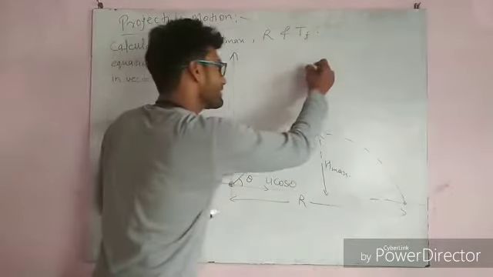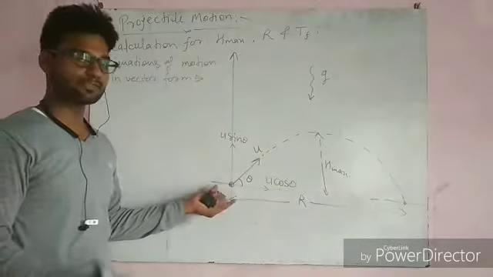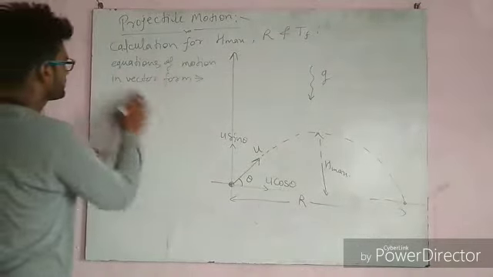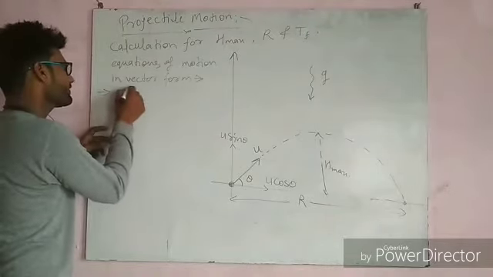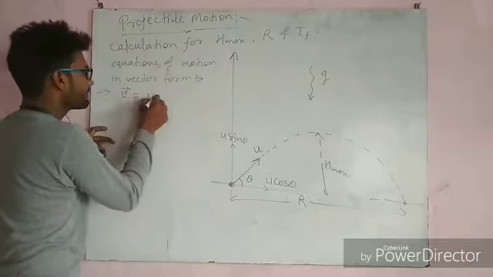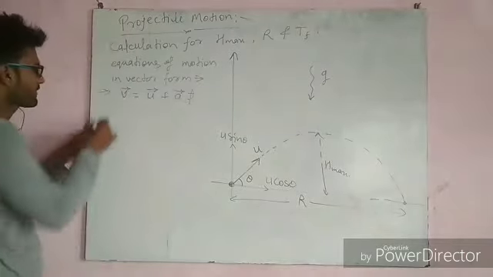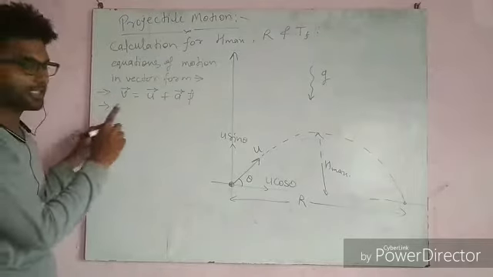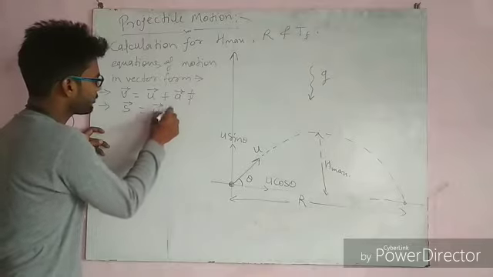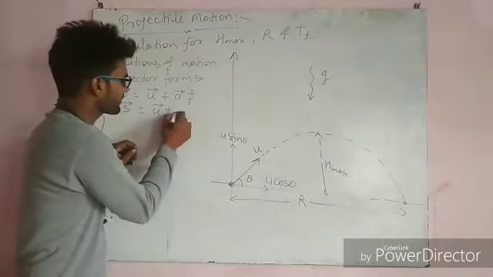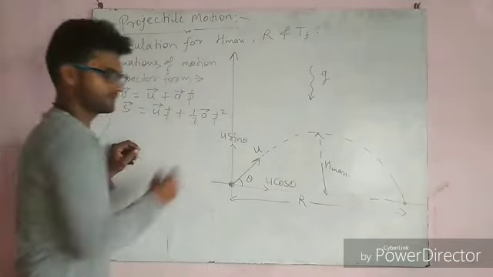Here gravity is acting in the downward direction. So the equations of motion will be something like this: vector v equal to vector u plus vector a into t, right? This is the first equation of motion in vector form. Second equation of motion: vector s equal to vector u into t, that's a scalar times a vector, plus half vector a t square, right?